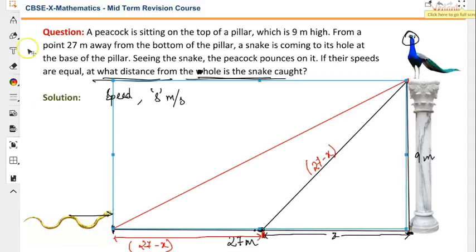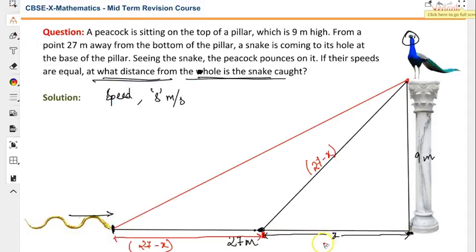Now with the help of these relationships or these right angle triangles, you can solve it. So try to form the equation now. I'll give you 2 minutes, think about it.